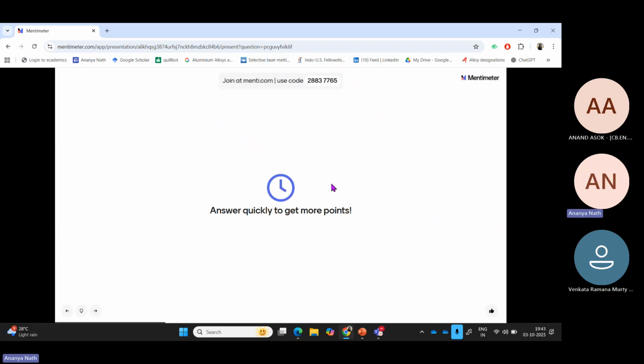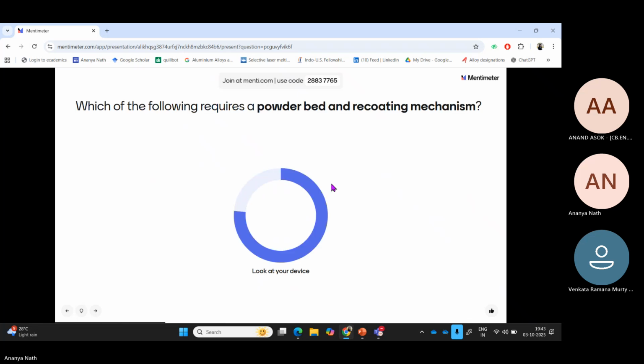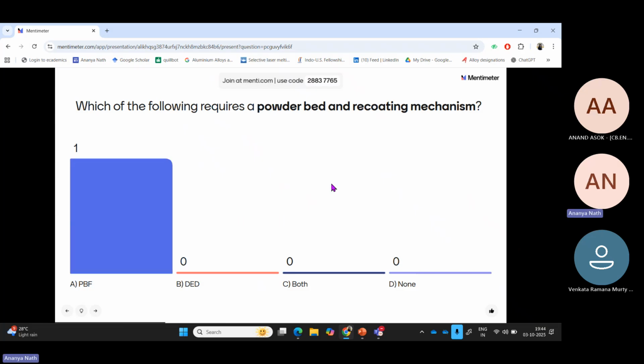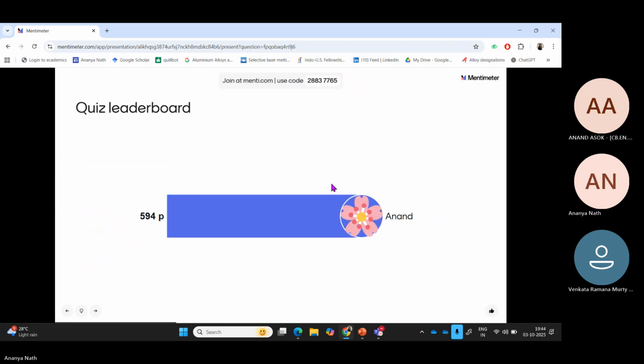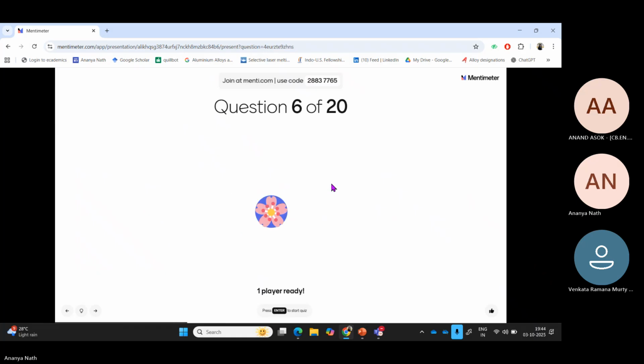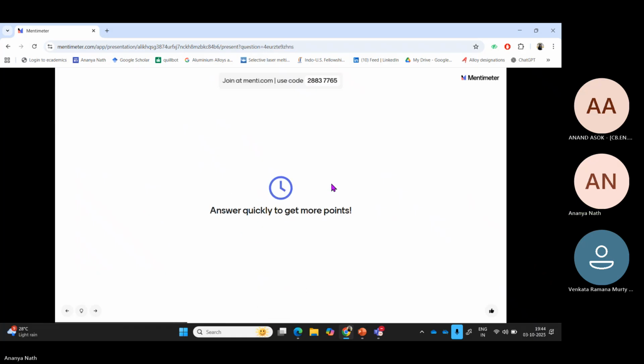Next question. Powder bed and recycling mechanism. It's a very easy question. The PBF. Next.